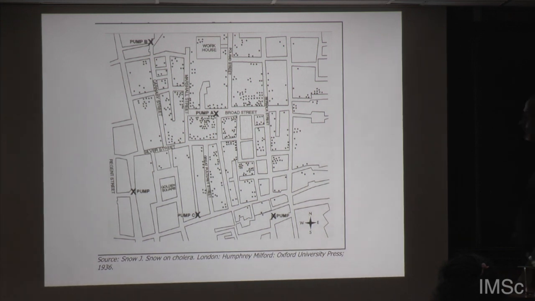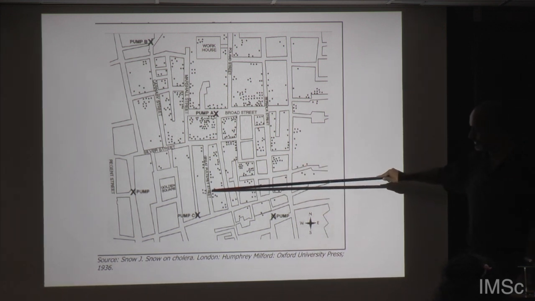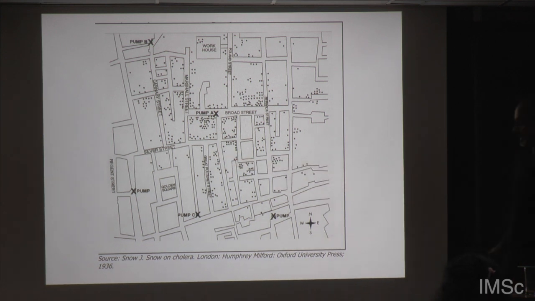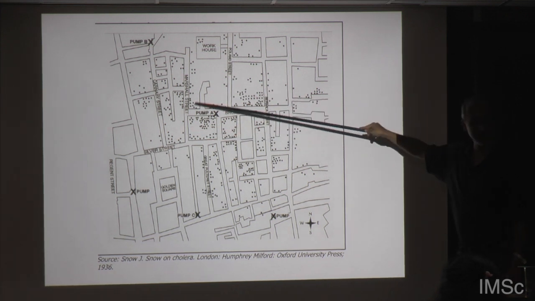So this is a map of a part of London. Each dot here is a reported case of cholera. Wherever that person was staying was basically marked with a little dot at that point. If you look at this, you can see something, and it's easier for you to see because you're further off. You can see that there are more dots along here.